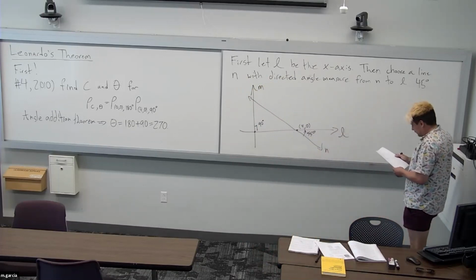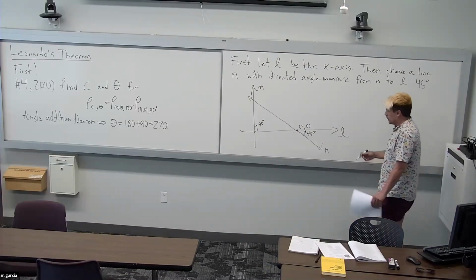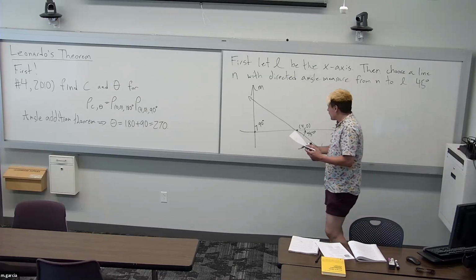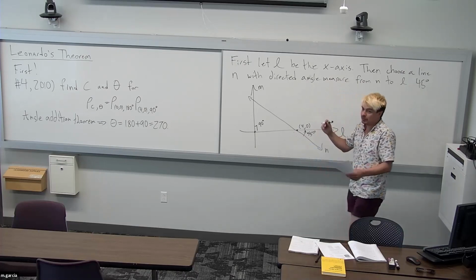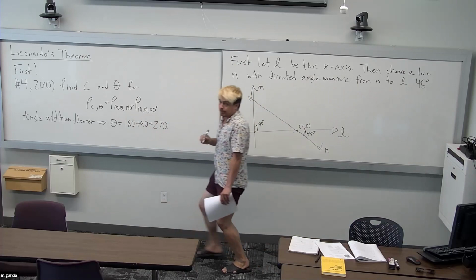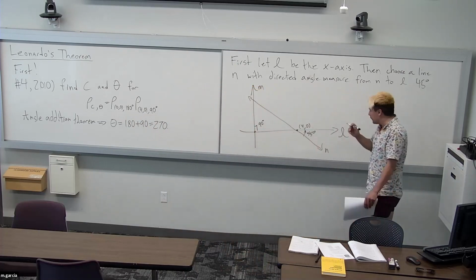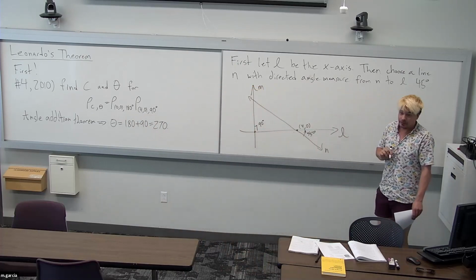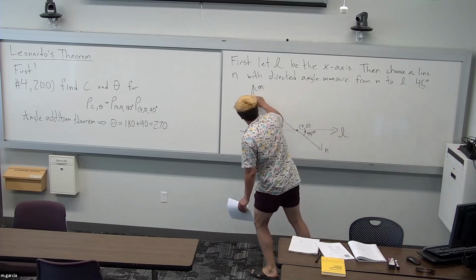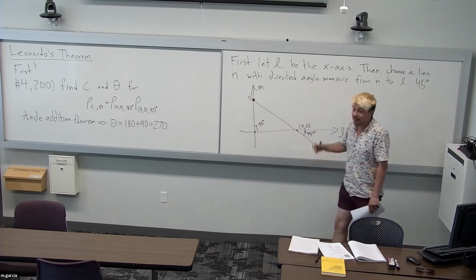Okay? So what is the new center? What is the center of this product? It's where N and M intersect, because it has to be fixed. So it has to lie on both lines.